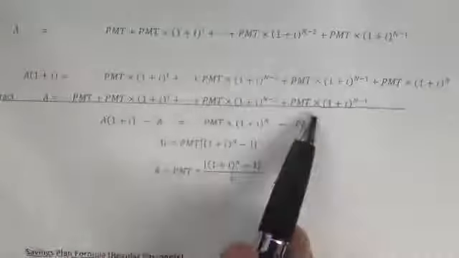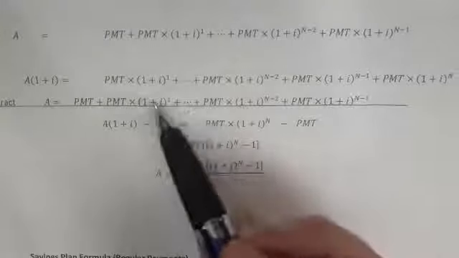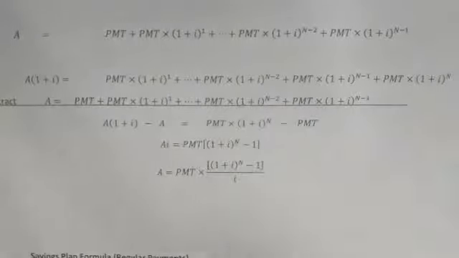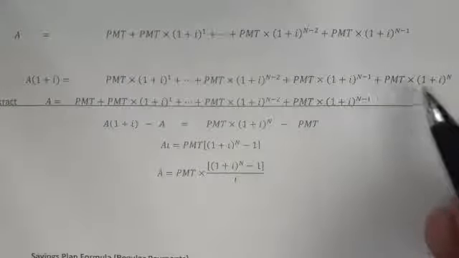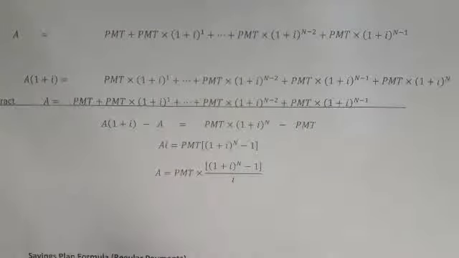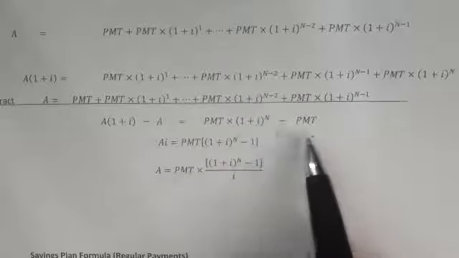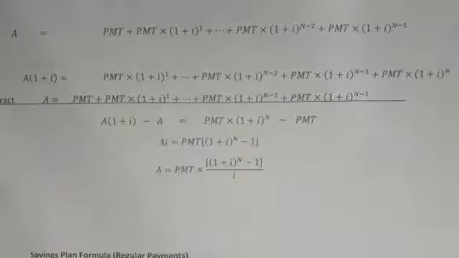I don't know how many there are, but I know they will simplify out. Each one of these terms will match with something here. So what I'm actually left with is this thing right here, and I'm subtracting this thing. So I've got payment times 1 plus i to the n, and I'm subtracting a single payment.